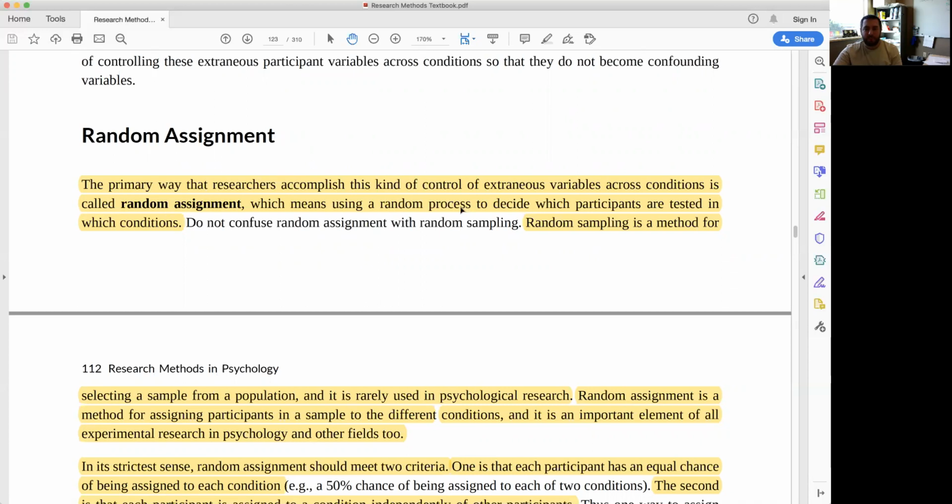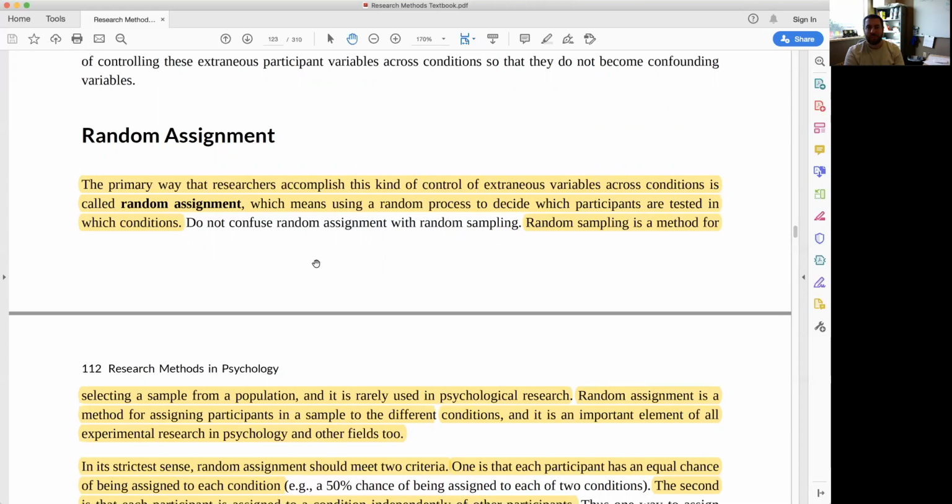So random assignment: using a random process to decide which participants are tested in which conditions. So the idea here is that it truly is random. Many times people will confuse what makes something random. I've been in different classes where they say, we're going to assign you to random groups, and they literally have you count off. Right?